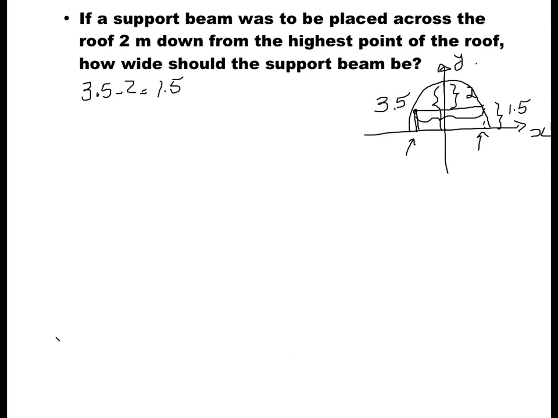To find the x value when y is 1.5, I use the original equation, meaning I'm going to say negative 0.08 x squared plus 3.5 is equal to 1.5. Remember, this distance from here to here was 1.5.